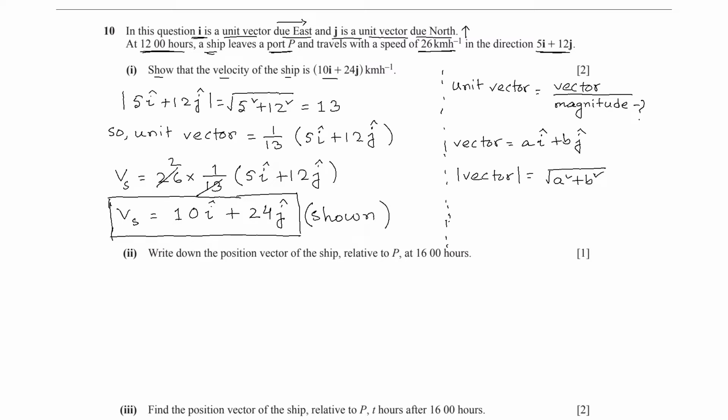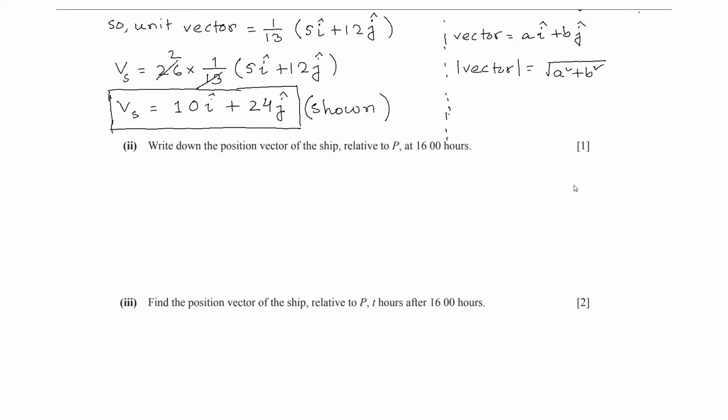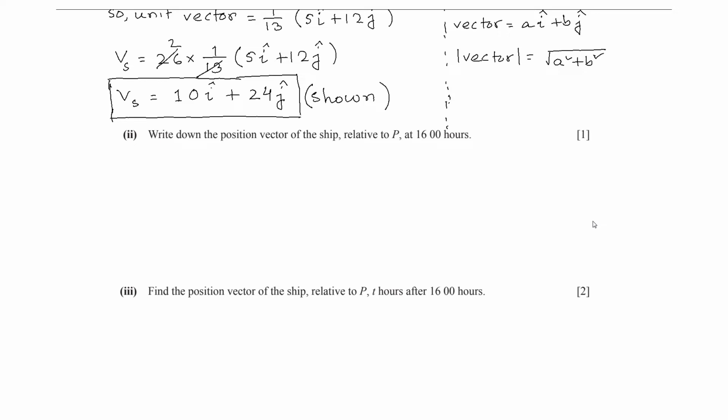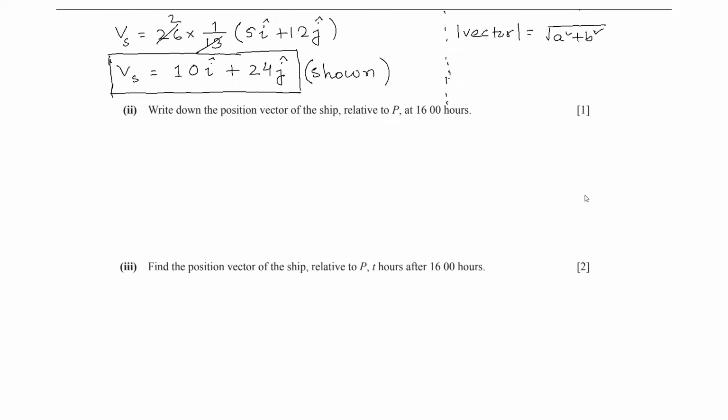So we have done the first part of this question. Now let's move on to the next part of this question. Let me scroll down the page a bit. Yes, now it's perfect. Okay, here we have to find the position vector of the ship relative to P at exactly 1600 hours. But how can we get the position vector? Let's write the relationship between position vector, velocity and time.